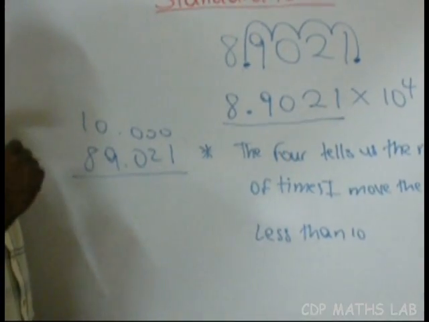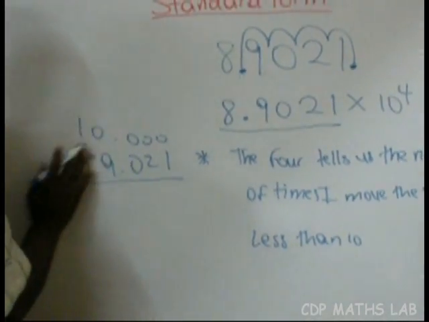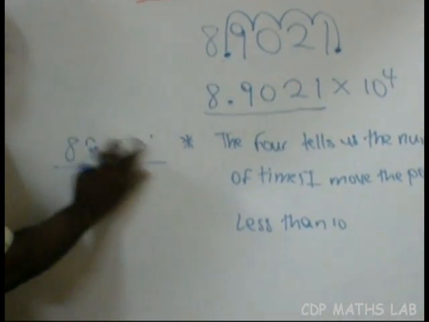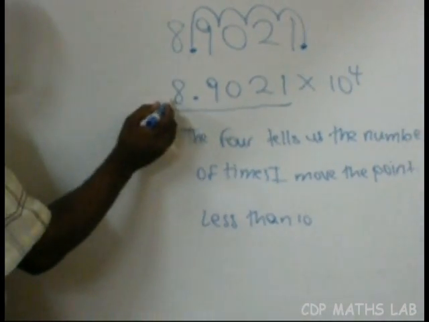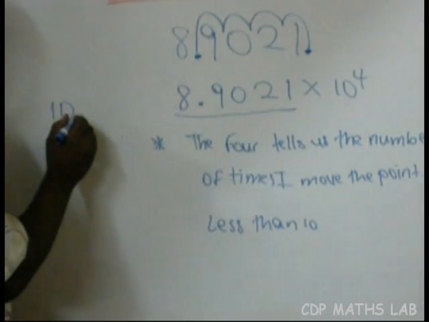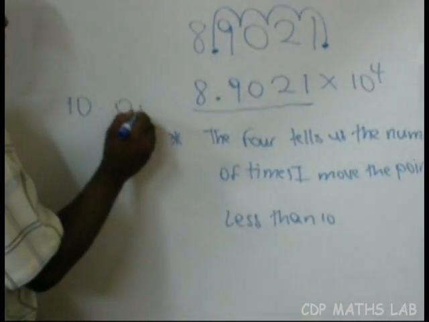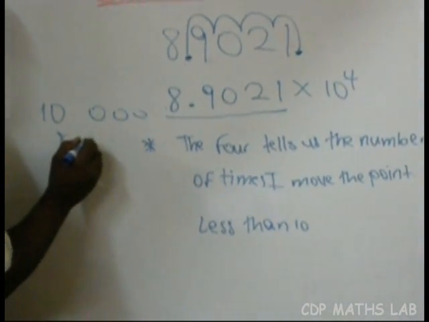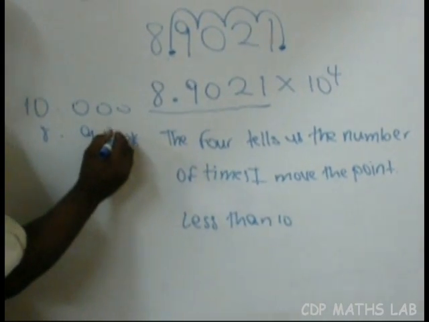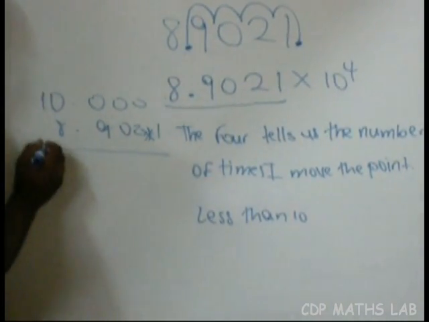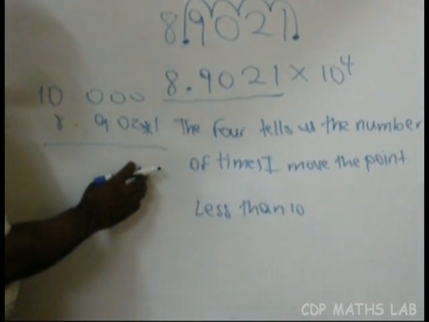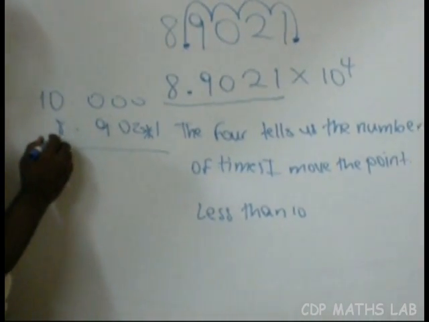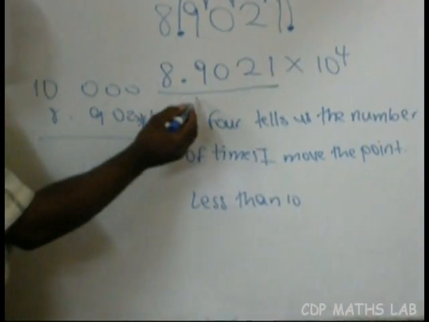You got a negative number, don't you? But guess what? If you subtract this number, 8.9021, from 10, you get a positive number. Good? So therefore we are saying that this number must be less than what?